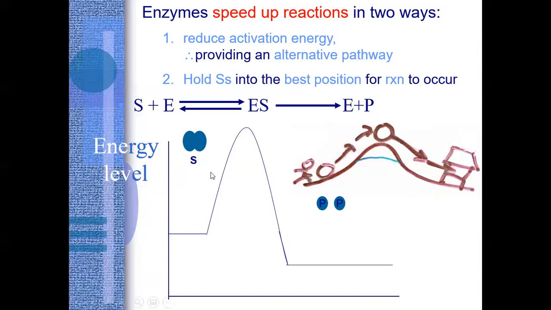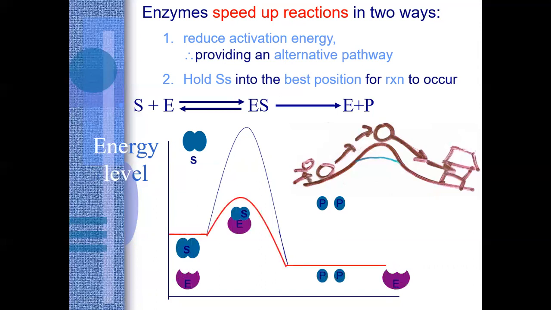Okay, so this blue line indicates the pathway of reaction when there is no enzyme. But the red line indicates the pathway of reaction when there is enzyme, because remember, enzyme will chop off the hill and make it lower. So that means the enzyme will reduce the activation energy needed for the reaction to take place.